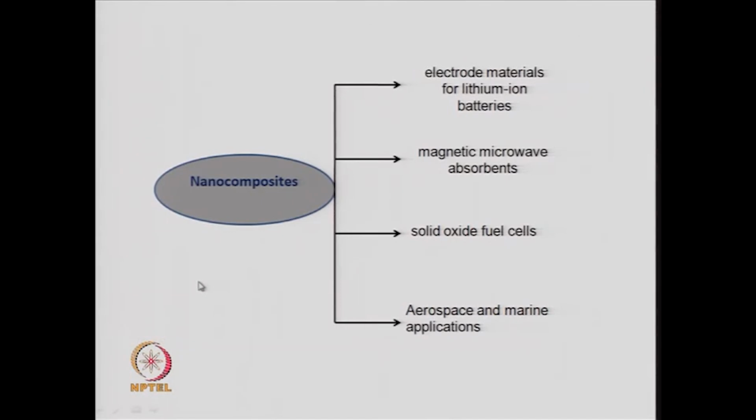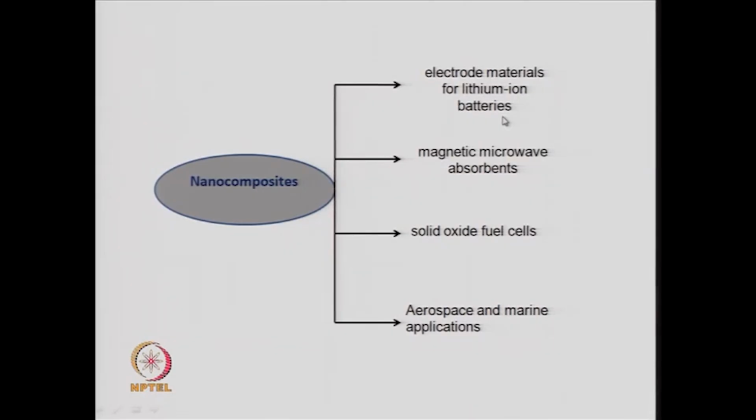So, what are some of the applications of nanocomposites? Here we have listed 4 major applications for which nanocomposites have been used, and the first example is as electrode materials for lithium ion batteries.